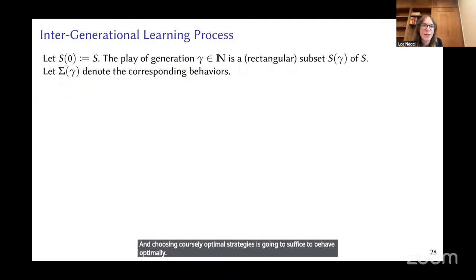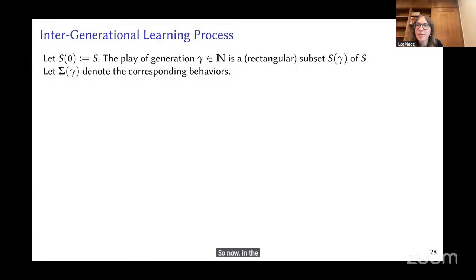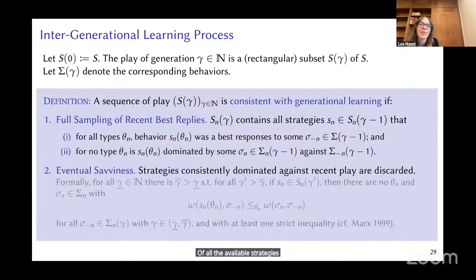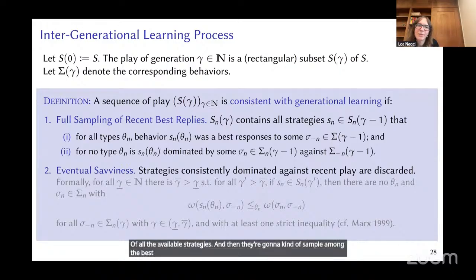Now, in the interest of time, I'm not going to go over this in detail, but really the way the learning process works is by defining a generation essentially via a restriction on the strategy set. So every generation just plays a particular subset of all the available strategies, and then they sample among the best replies against last period, and eventually discard the behaviors that consistently are outperformed by some other behavior.